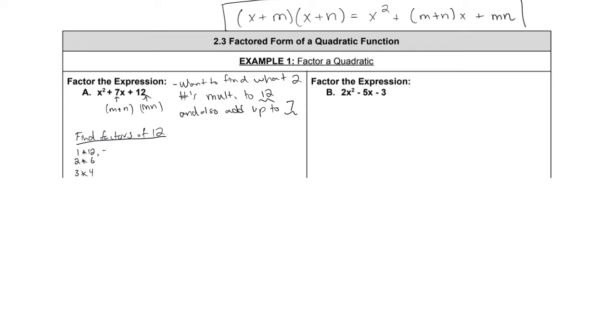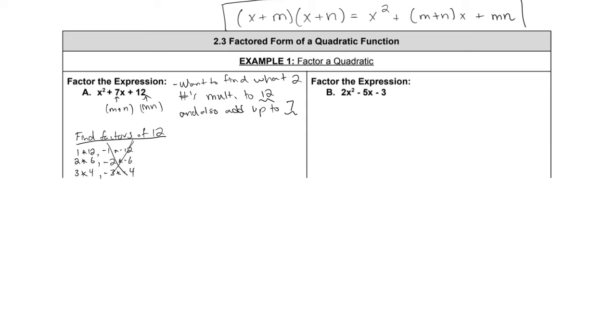And also we have the negatives, -1 times -12, because it gives you a positive, -2 times -6, and -3 times -4. But we have a positive 7 for our sum, so if we add two negative numbers together, we're not going to get a positive. So none of these are going to work.